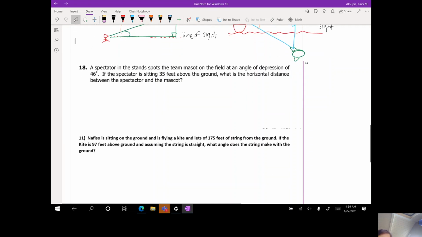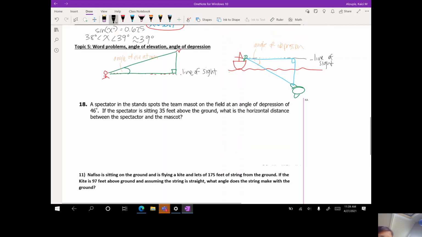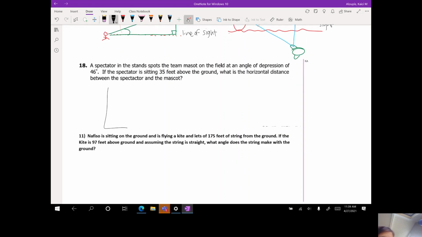So, a spectator is in the stands, spots the team mascot on the field. Okay, so how am I going to draw this? Those are the bleachers, right? Here's my spectator standing. Oh my God, my foot's asleep. Okay, here's what would be the line of sight.